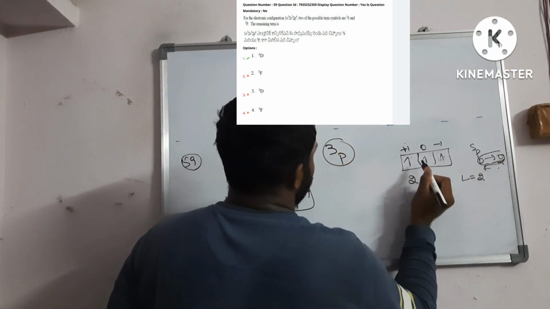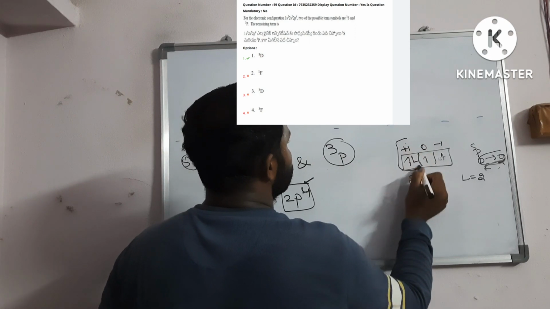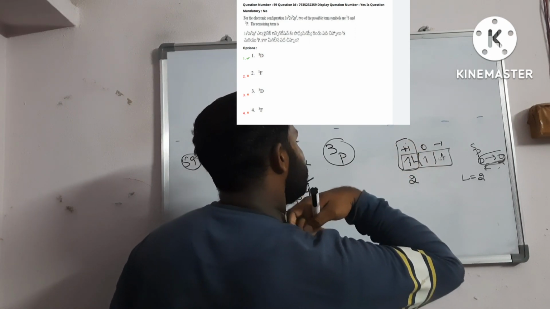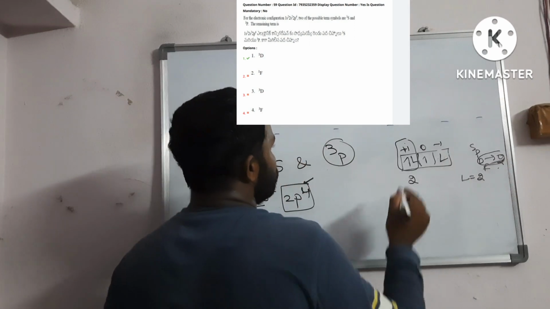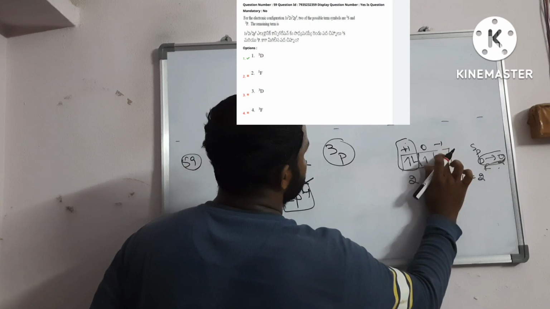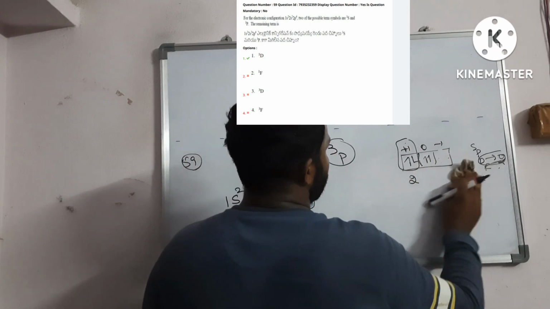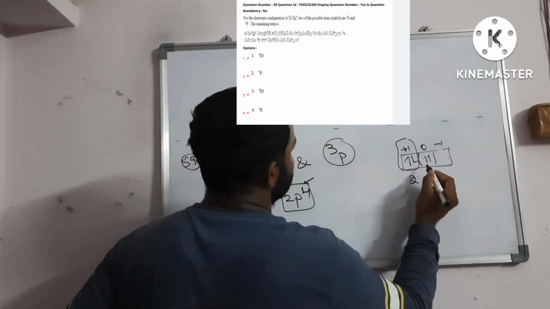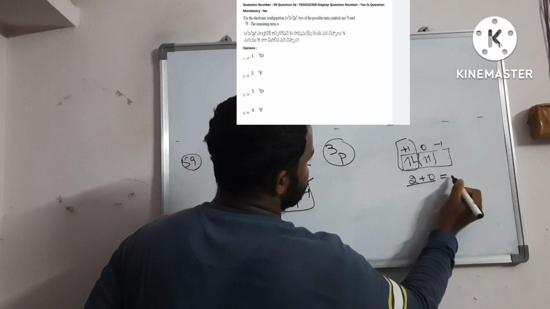So I will write like this, these have L value 2. When 1 into 2 is 2 and 0, you get 2 into 2 plus 0, which is 2 only.